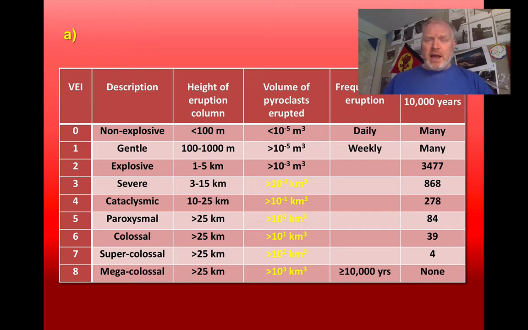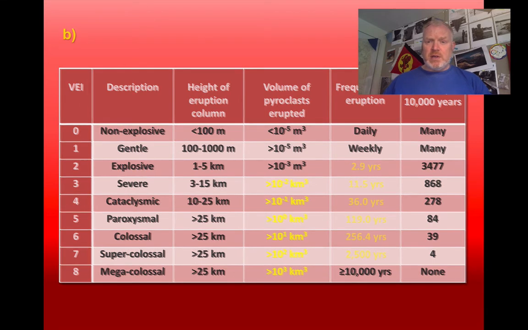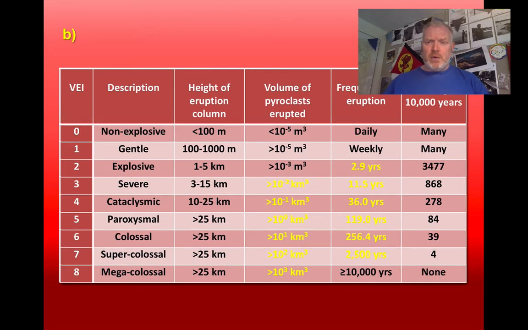Question B then asks you to work out the frequency of these. If we do these sums, by dividing 10,000 by the occurrences, we see that we get a VEI 2 roughly every 2.9 years, a VEI 3 every 11.5 years, a VEI 4 about every 36 years, a VEI 5 about every 119 years, a VEI 6 every 256.4 years, a VEI 7 every 2,500 years.